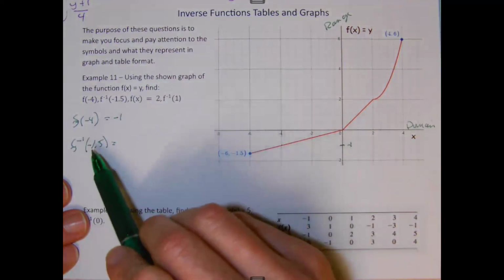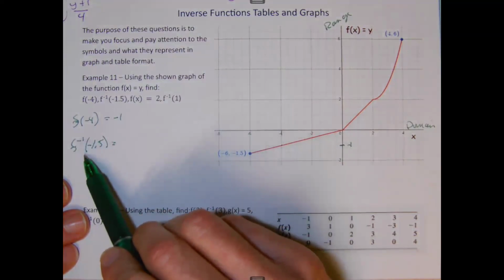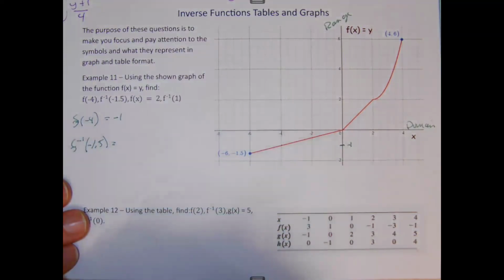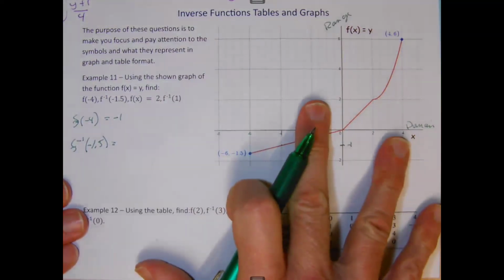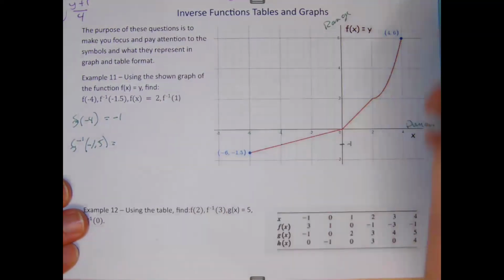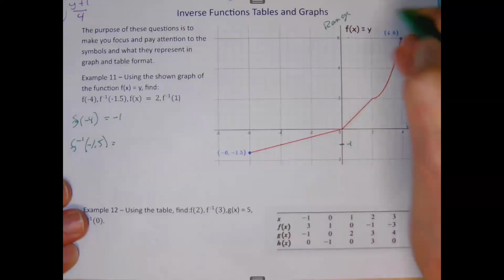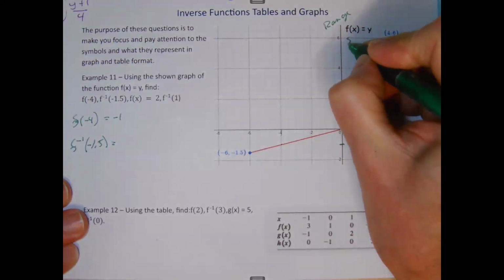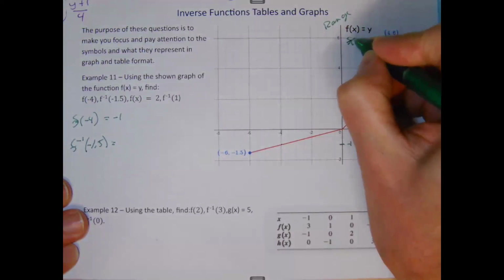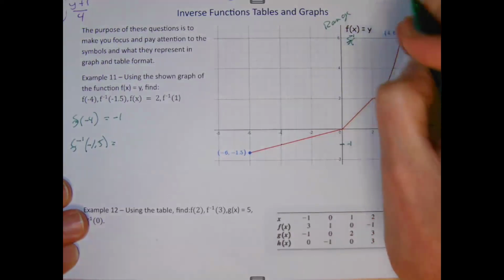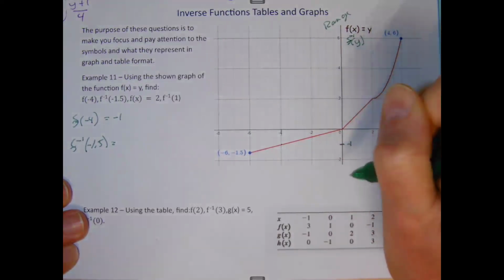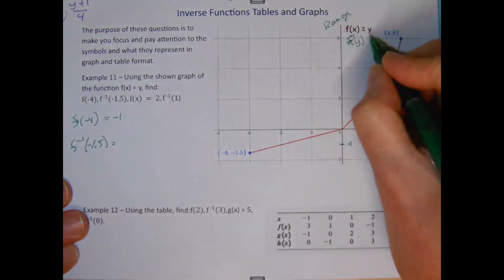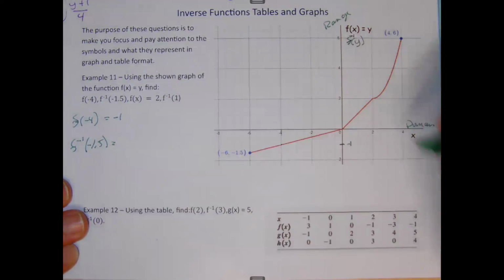Remember, the domain of f inverse is the range of f of x. So this picture is completely static. I can't change the picture, and we're now showing this f of x equals y. But you see that f inverse of y is also sitting right here.